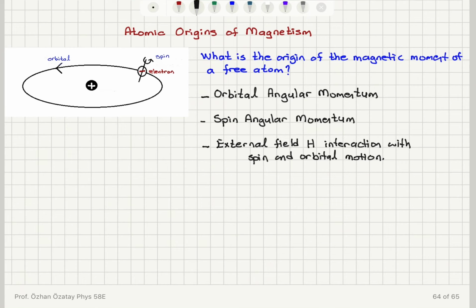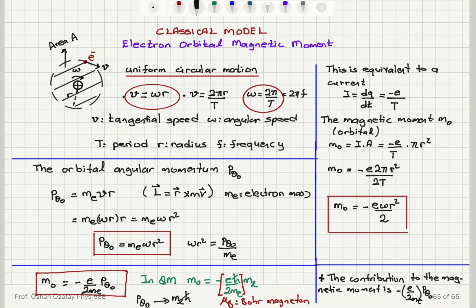And now you can also introduce an external magnetic field, H, and this external magnetic field will interact both with the orbital and the spin angular momenta, so it will affect the contribution to the magnetic moment from these two. So these are the different types of motion we need to analyze, and I started with a classical model.